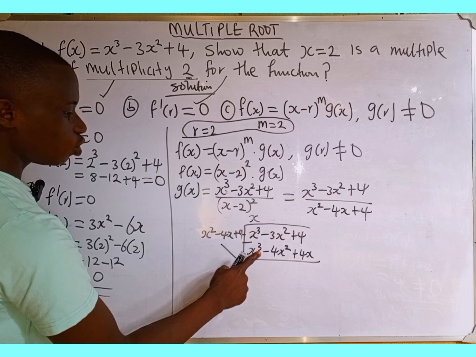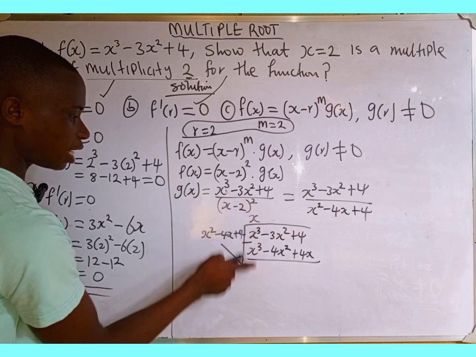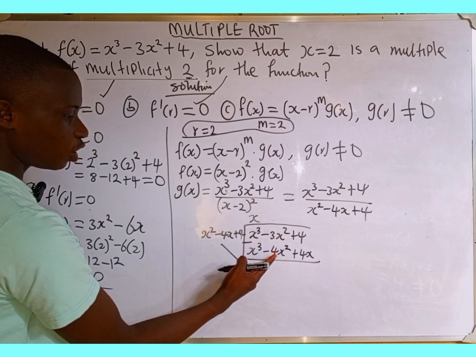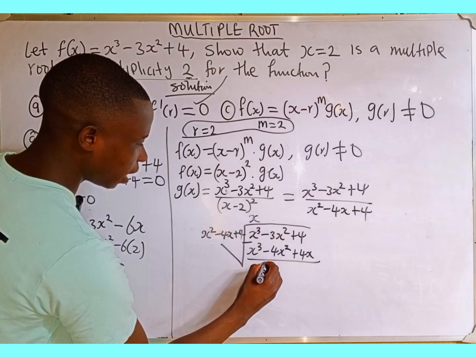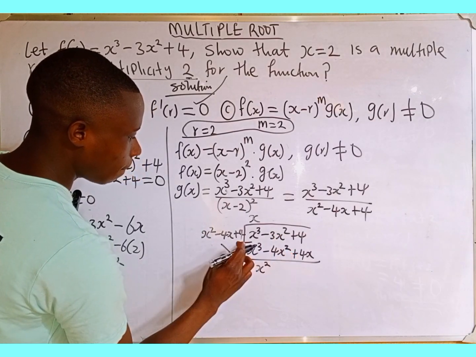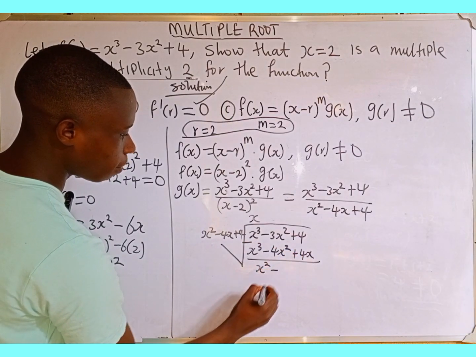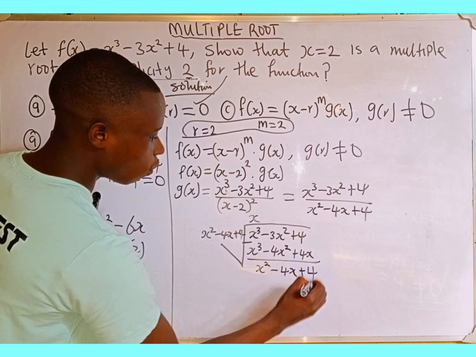So minus x cubed plus x cubed is 0, and minus minus is plus. Then plus 4x squared minus 3x squared leaves only 1x squared. Then minus 4x minus plus is minus. Then 4x then plus 4.